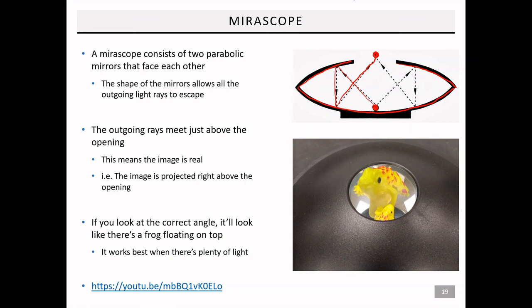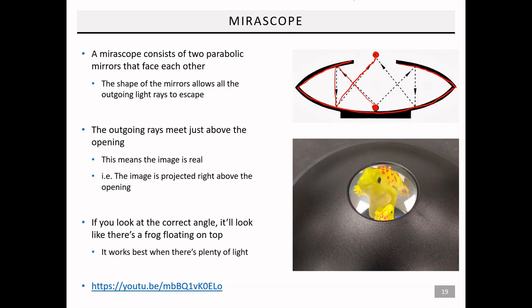So first of all, since the outgoing rays do actually meet, this means the image is real, if you remember the definition of real image. Also, if you remember, I said that real images can be projected onto a screen. In this case, you're projecting the image right above the opening of that miroscope.